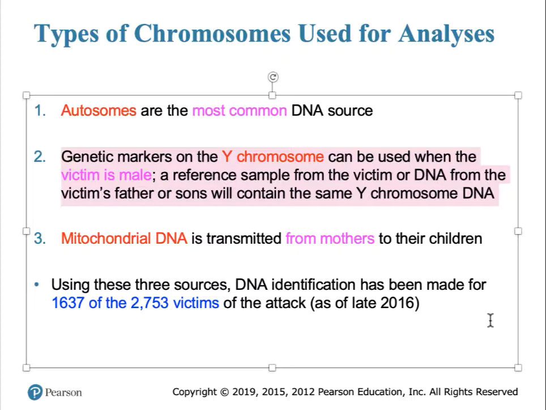Employing these particular types of techniques, the scientists have identified 1,637 of the 2,753 victims as of the publication of the textbook in late 2016.